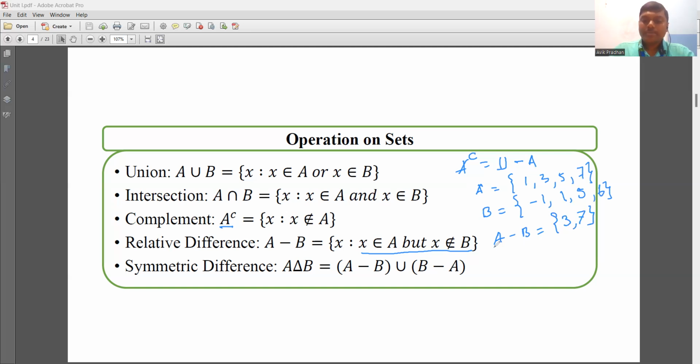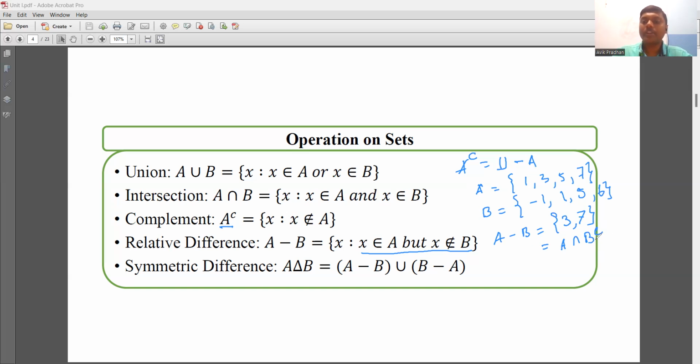So A minus B, I can write by using some other operations on the set also. I can think of A minus B as A intersection B complement. What will be the B complement?